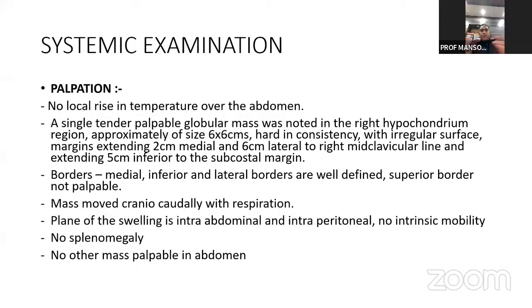So you have to describe it that way, that this was a lump extending from the right hypochondrium to the epigastric and lumbar regions. This mistake has to be corrected, because such a large lump cannot be localized to the right hypochondrium. Yes, so it extends into the epigastric region also, and lumbar.